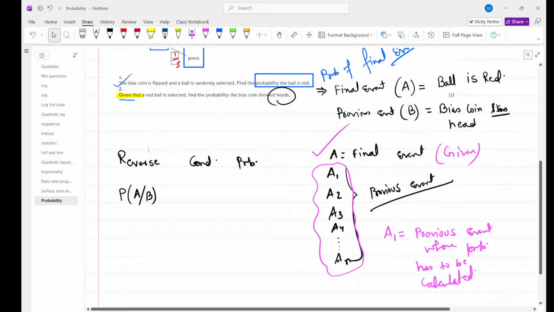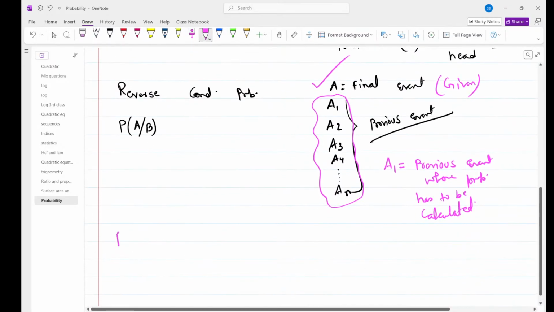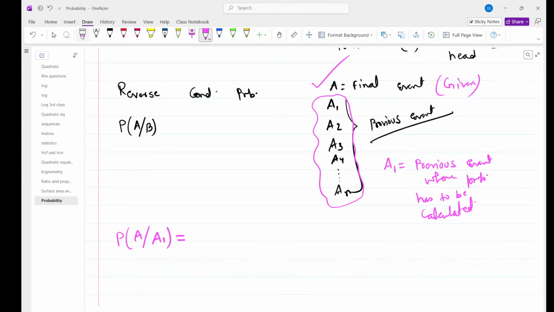So under this notation, my question will look like probability of A when A1 has already happened. No, it's wrong. We have to find the probability of A1, right? So it will look like probability of A1 when A has already happened.